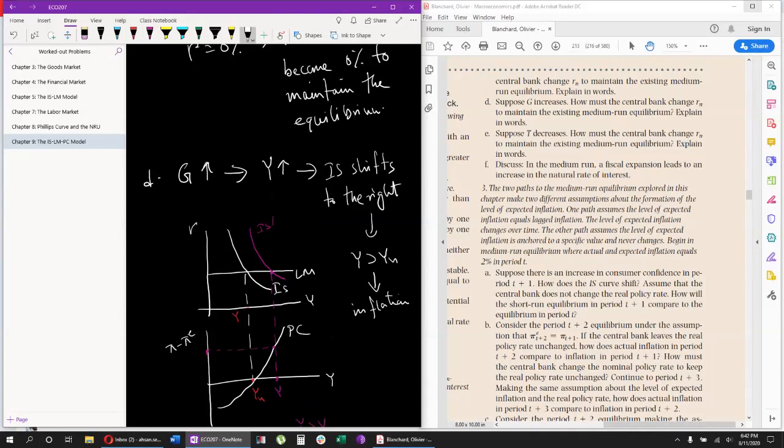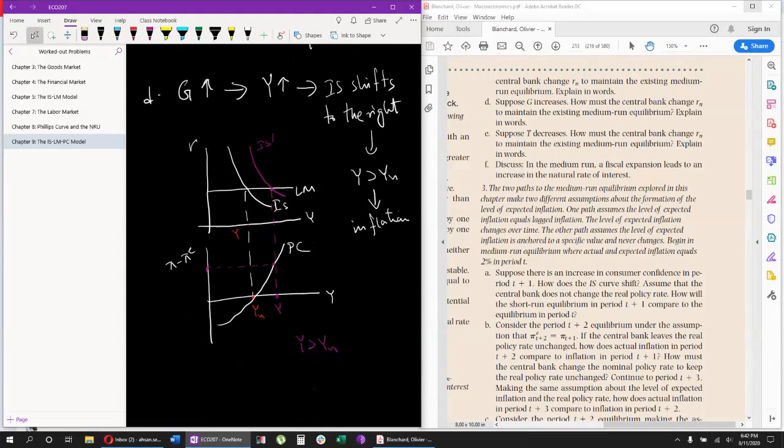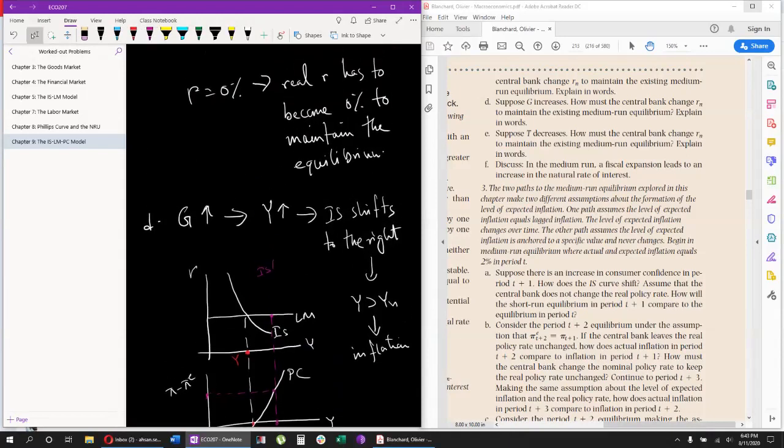What's the question? Part D. How must the central bank change the interest rate to maintain the existing medium run equilibrium? Okay. Central bank obviously wants to go back to this point, to the natural rate. How can they do that? Let me just redraw this a bit better if I can. Suppose this is the IS curve.